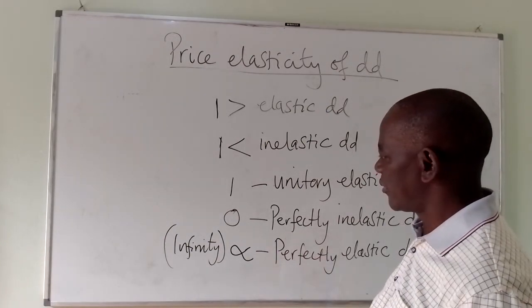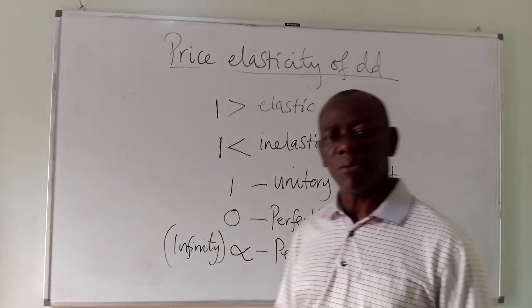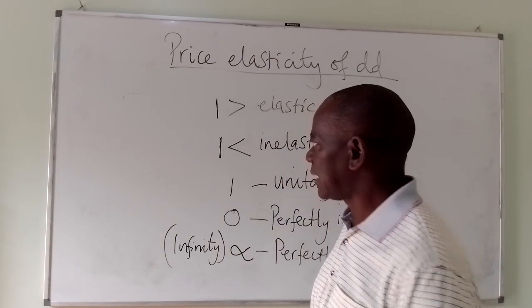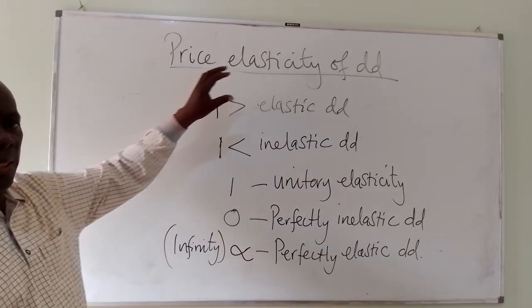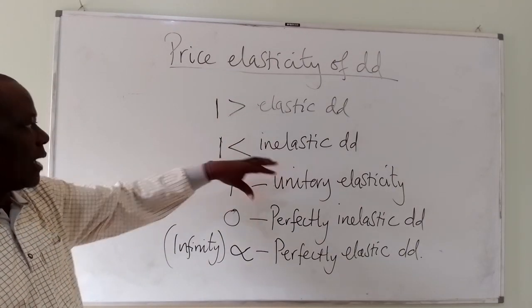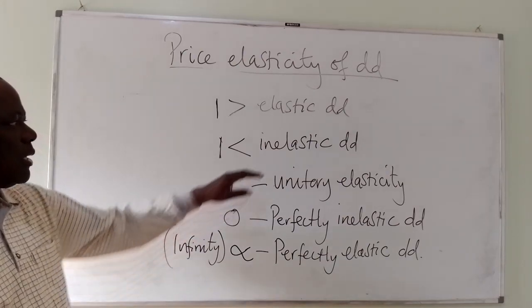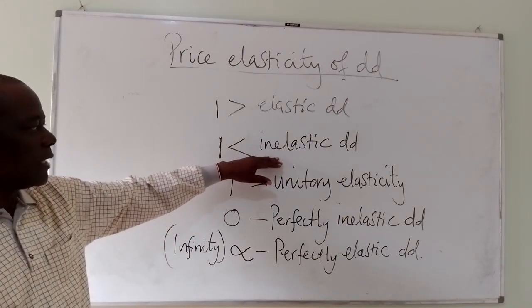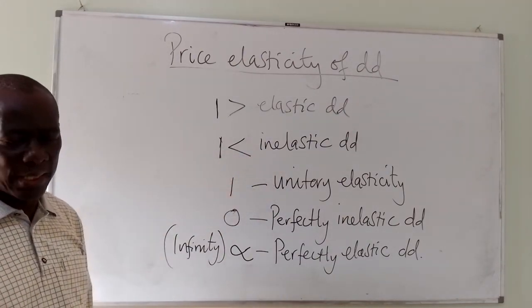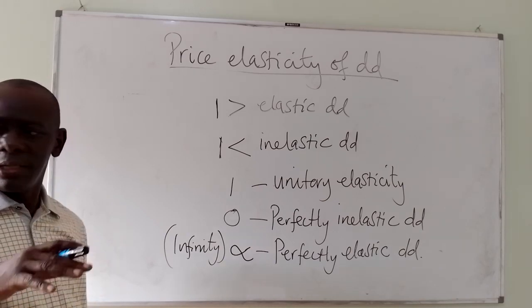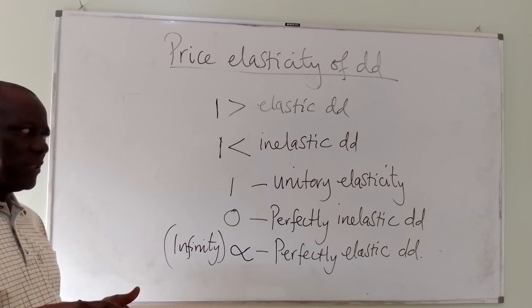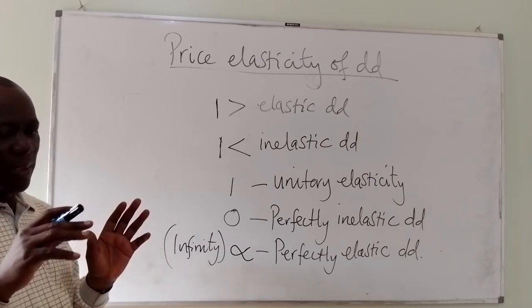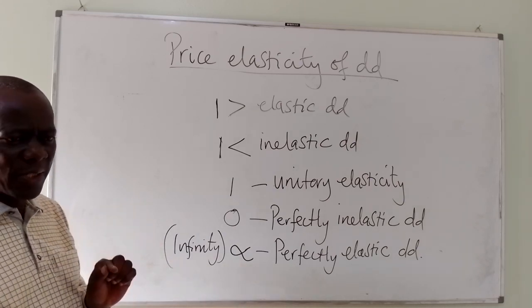And these conclusions will direct the economists to take a decision. Now, if you have a big percentage change in price and there is no big change in the commodity demand, that means it is inelastic. The change in price is very big, but the change in the quantity demanded is very small.